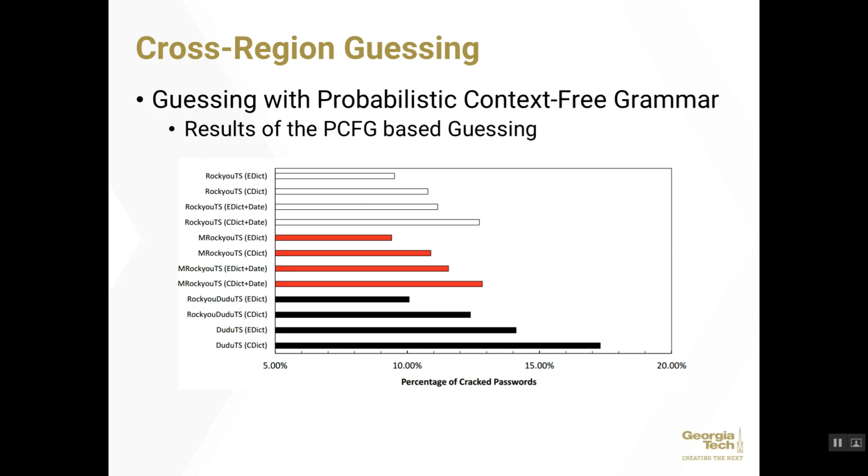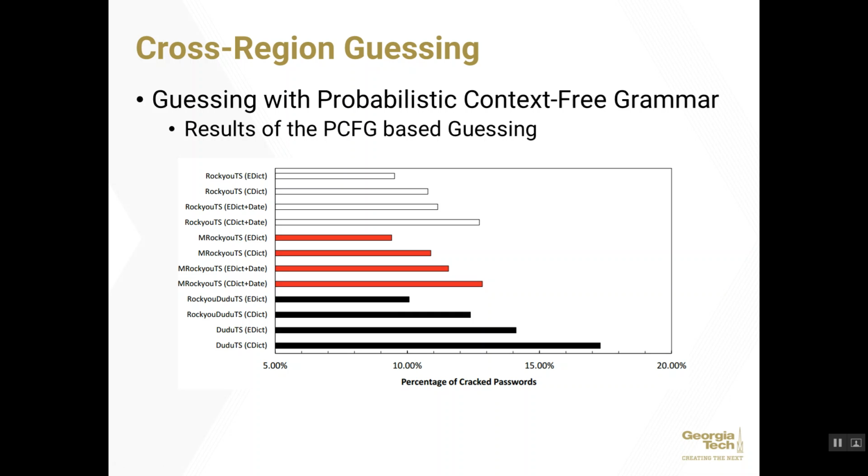After 10 billion guesses, this figure shows the result. We divided the figure into 4 parts. Each training set is 1 part. The first column in each part means the guessing using the English dictionary.